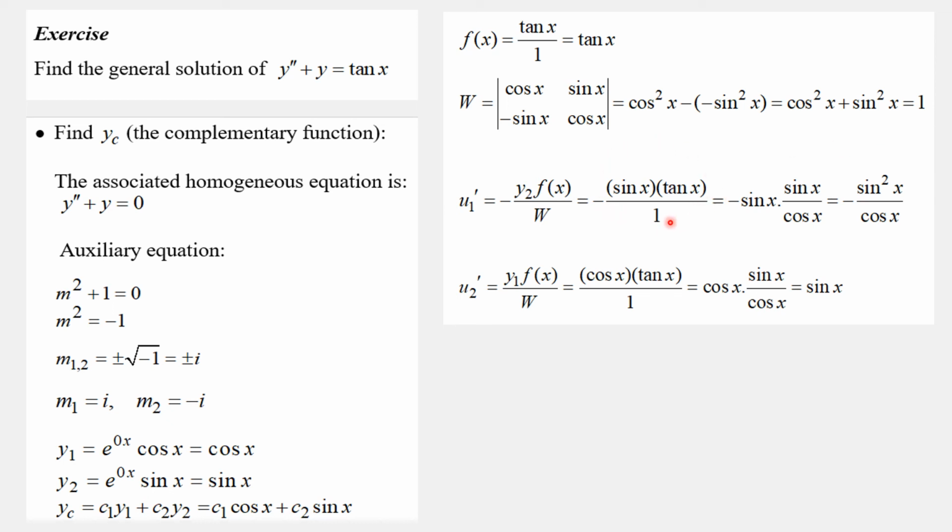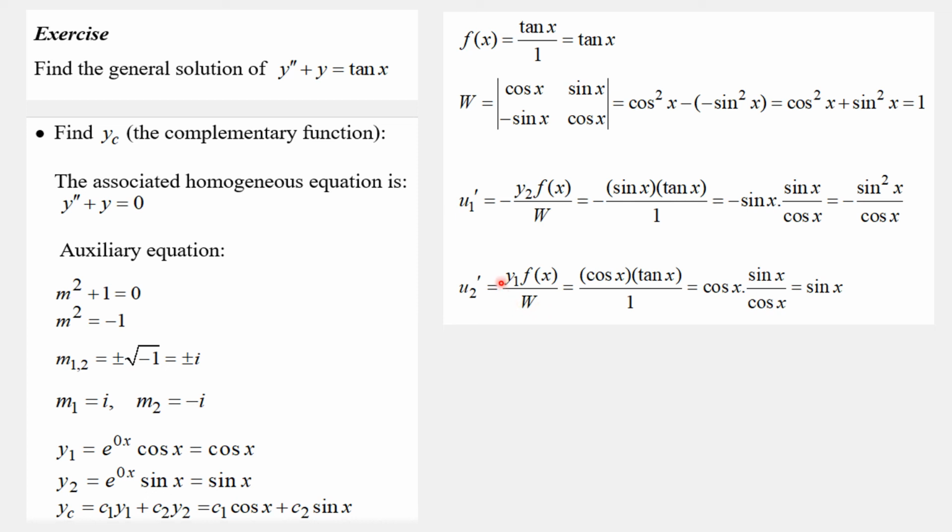Simplify whenever possible. Now sin x multiplied by tangent is sin over cos. We cannot cancel anything here, but we know that sine multiplied by sine is sine squared x divided by cos x. For u2 prime, the formula is y1 fx over w.